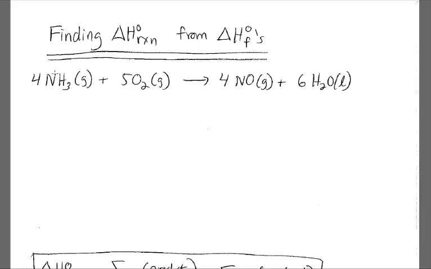So as long as we start with the reactants and we end up with the products, it doesn't matter how we got from reactants to products, the delta H associated with that will be the delta H for this reaction. So we can pick any path that's convenient for us. And we're going to pick the path where all of the reactants turn into elements in standard states.